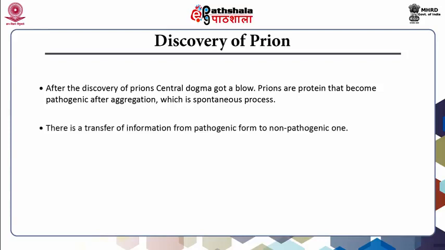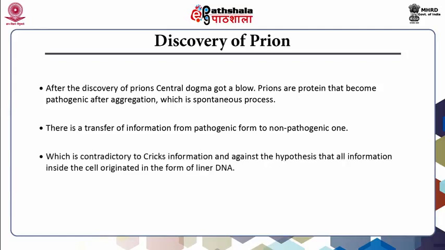There is transfer of information from the pathogenic form to the non-pathogenic one, which is contradictory to Crick's information and against the hypothesis that all information inside the cells originates from DNA and passes on to the proteins. Therefore, in case of prion, the central dogma does not fit very well.